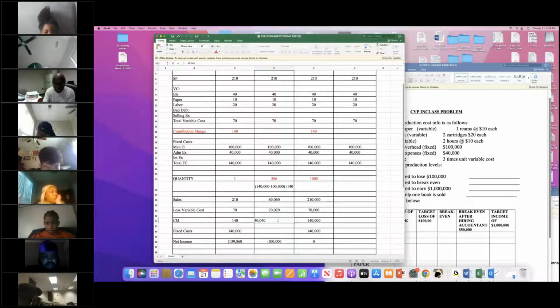The fixed costs are once again 140,000. And so 40,040 minus 140,000, the actual number won't be exactly 100,000, but it's going to be what? 99,960? Which one?